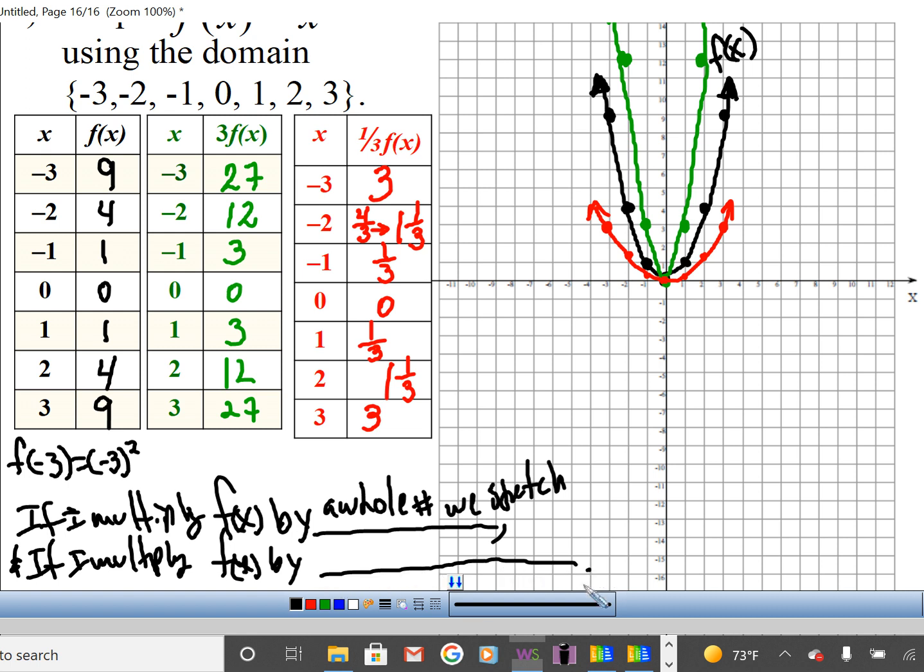Who can give us the last part? Thank you. By a fraction or decimal. What happens, Juliana? It compresses. Thank you. Yeah, it's a general idea.